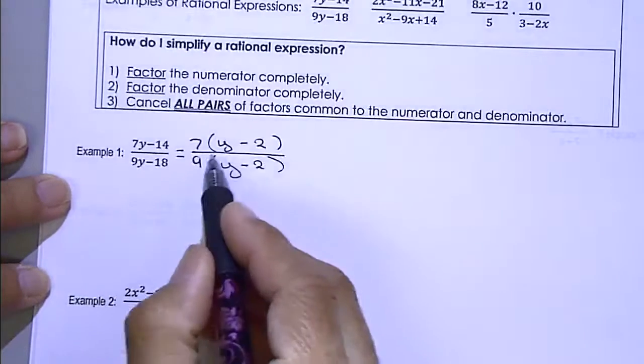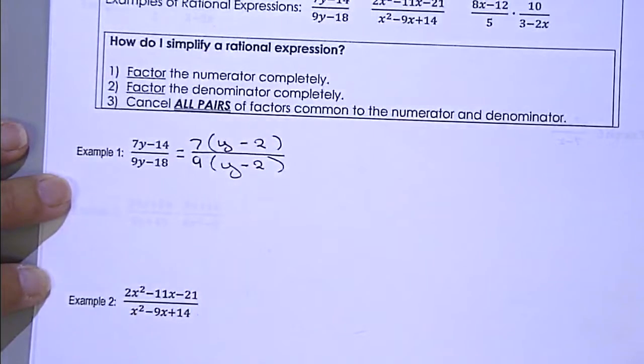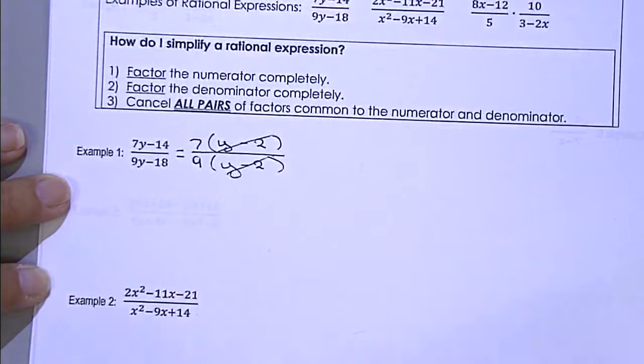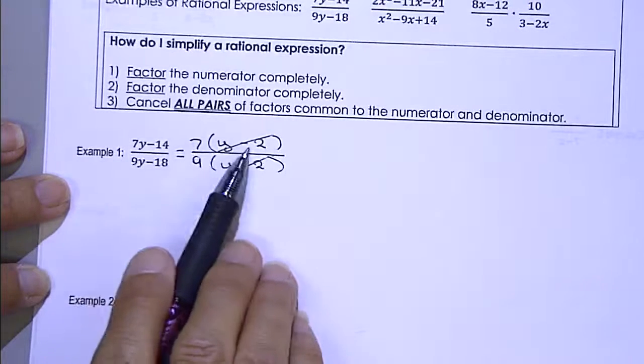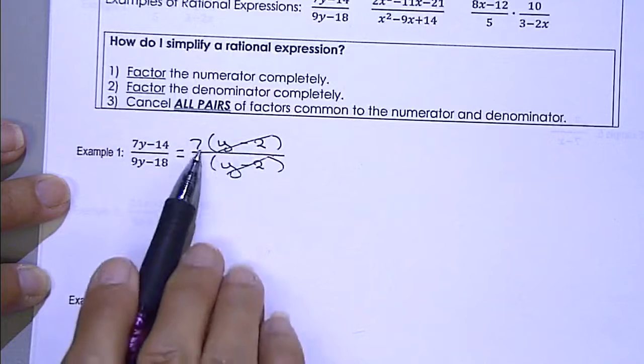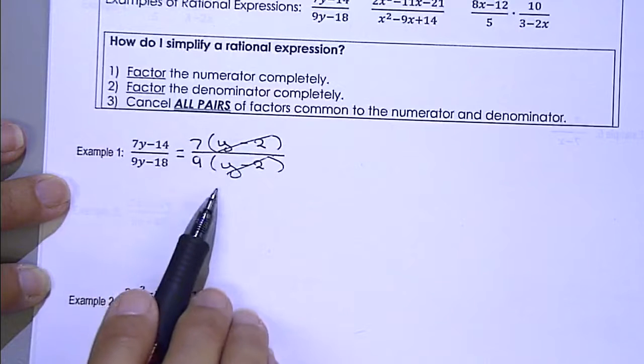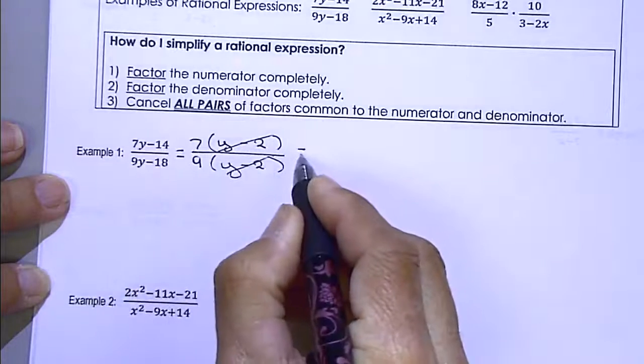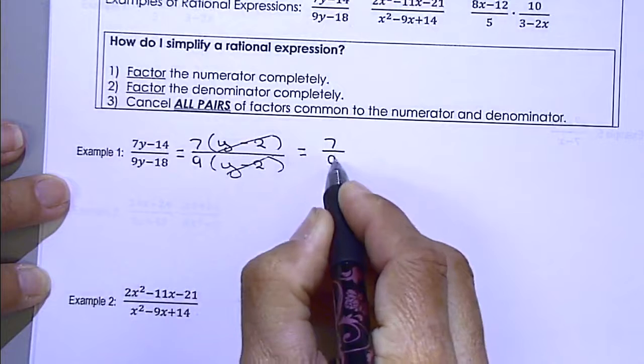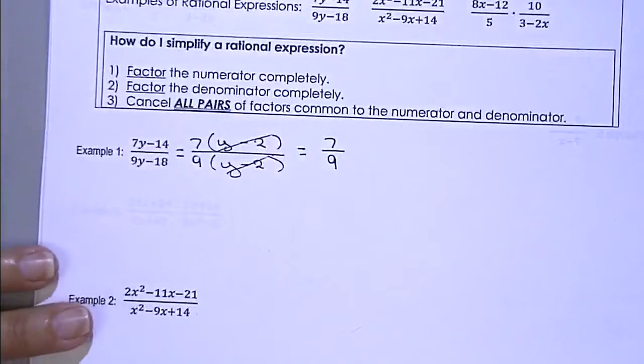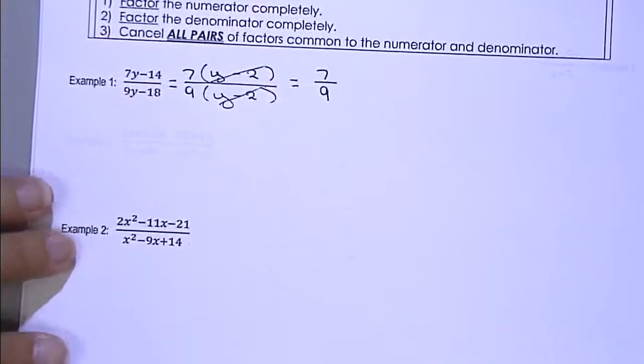Now I see that these binomial factors match each other, and that means they can be reduced. The reason is because they are now multiplied, right? Anything that's multiplied, multiplication allows me to reduce. So what do I have left? Well, I just have 7 over 9. If I could reduce that fraction, I would, but it doesn't. So that was pretty simple.